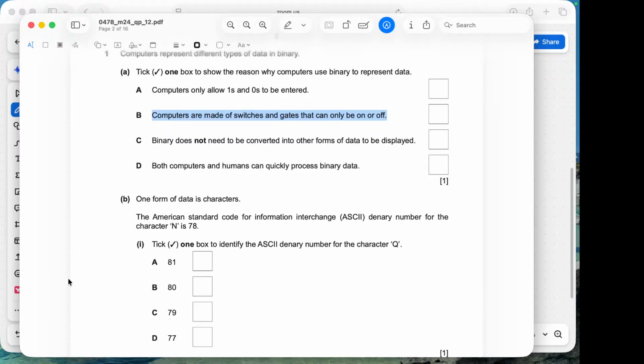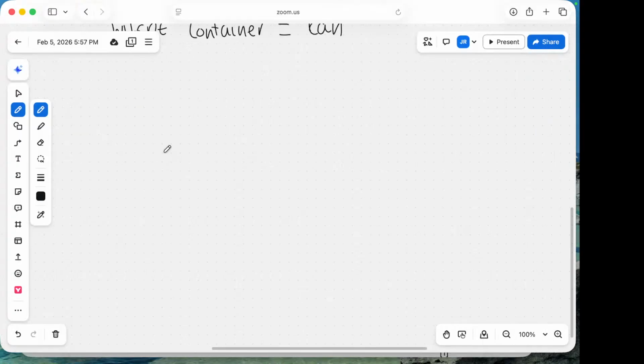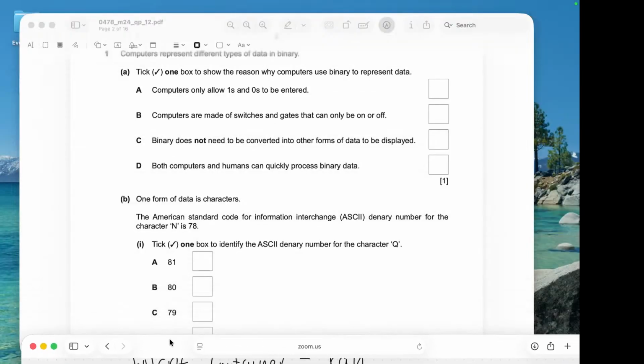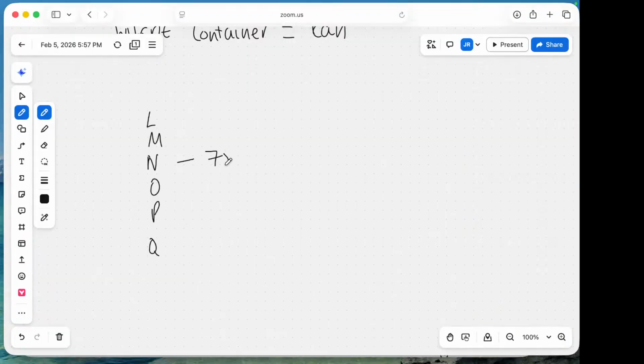So if we think about the ASCII table, what they've said is N is 78. So if N is 78, remember it just goes up. So we've got the alphabet: L, M, N, O, P, Q. There we go. So we know that N is 78, and the numbers just go up.